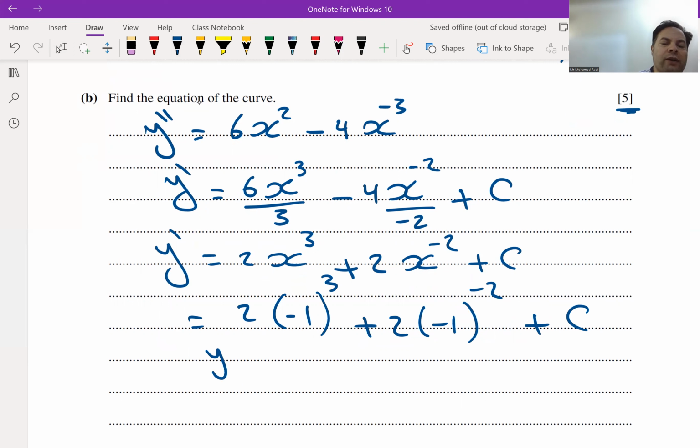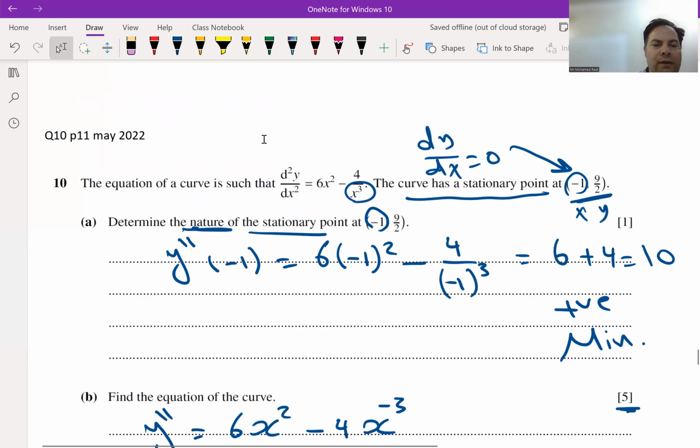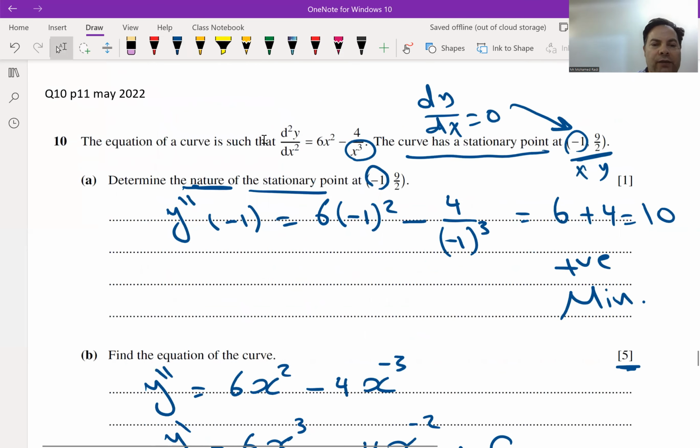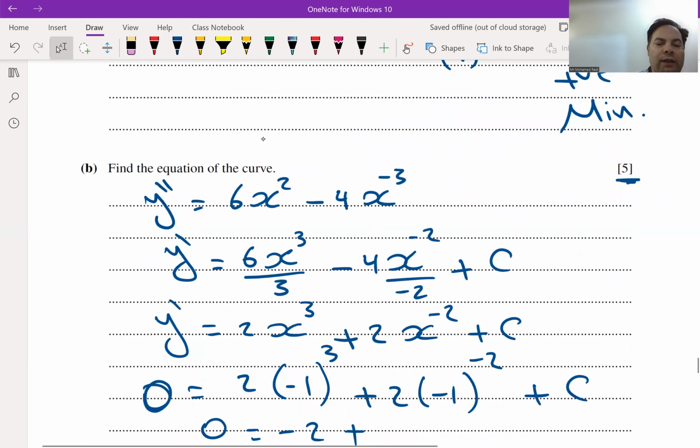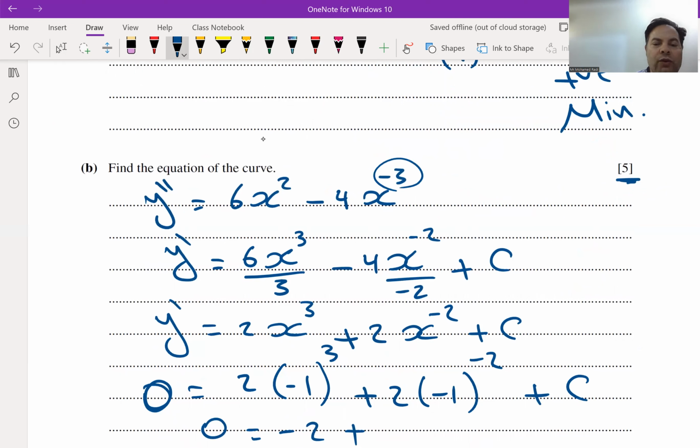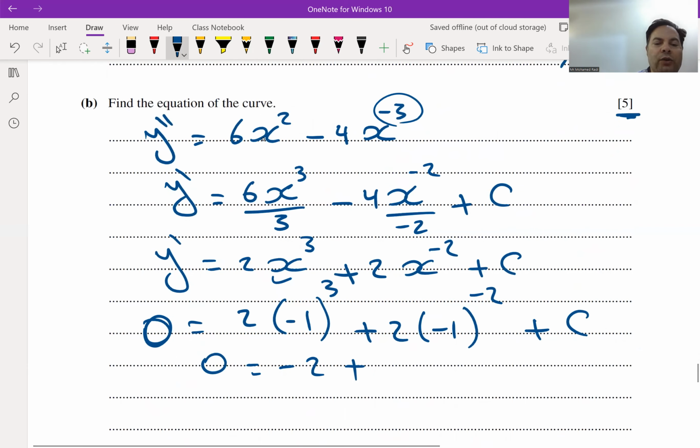Y dash is 0 at this point, 0. Solve the equation: -2 plus 2, plus c. From 6x squared minus 4x to the power of -3, when we add 1 we get 3 divided by 3, and when we add 1 to -3 we get -2 divided by -2, plus c. 2x cubed, negative is positive, 2x to the power of -2.